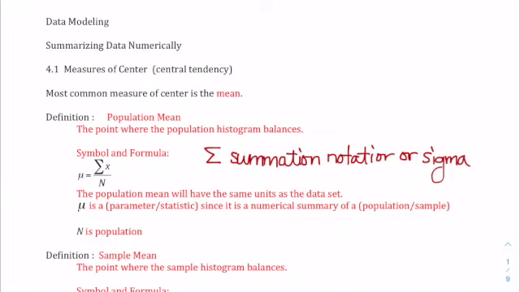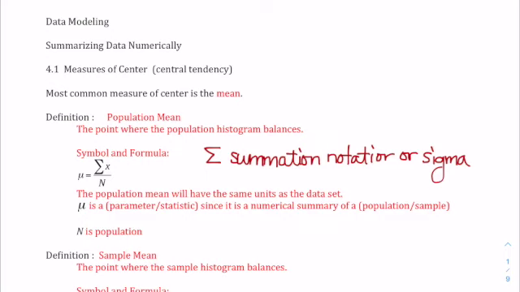The other definition related to the mean is the sample mean. That means you are taking a group not as big as a population, which makes it easier to calculate. Most of the time we will probably use just the sample mean, because calculating a population average is way too hard.